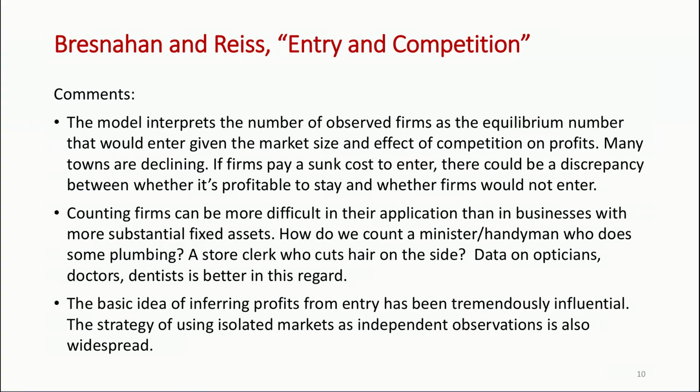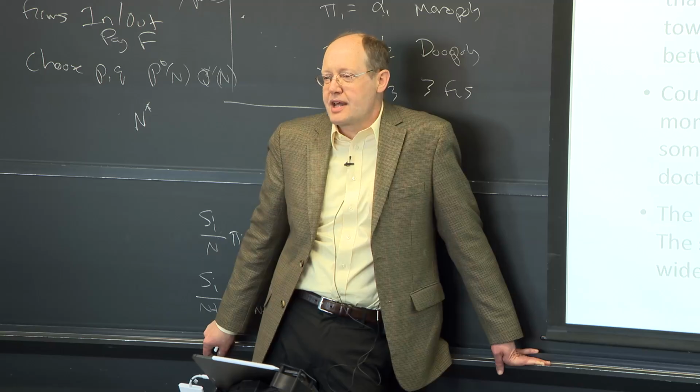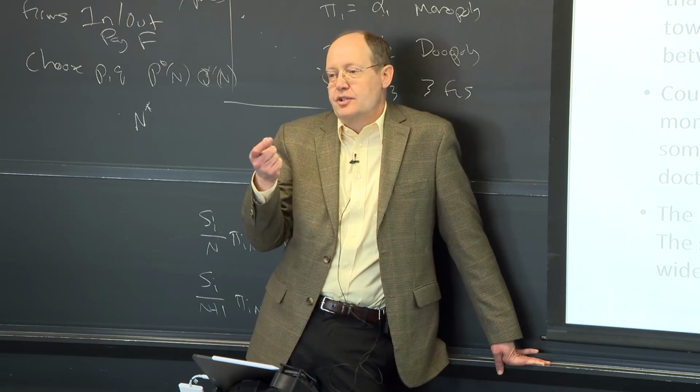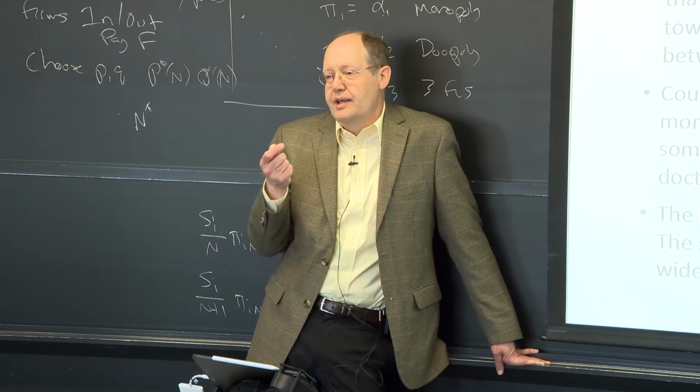Another potential issue is that counting firms is more difficult in some applications than in others. How do you count someone who does some plumbing on the side or someone who does some hair cutting? I think the licensed professions like dentists and doctors are probably better. But the ones that are more like the businesses we normally think about price competition operating in, some of those have this issue that it's going to be hard to identify businesses.